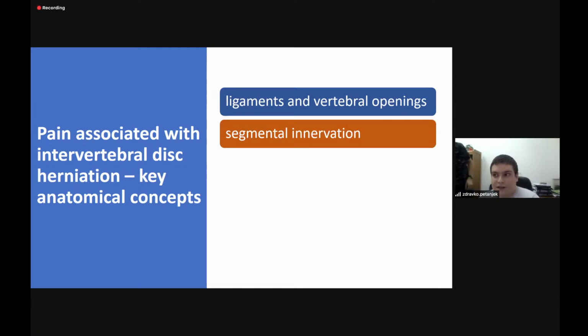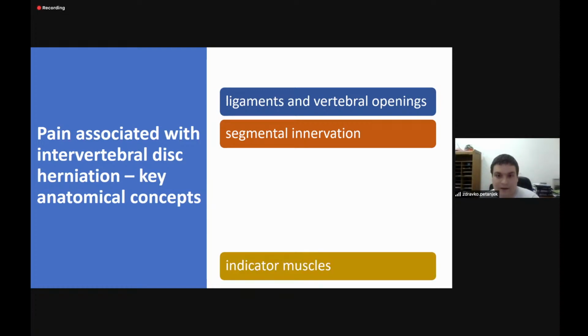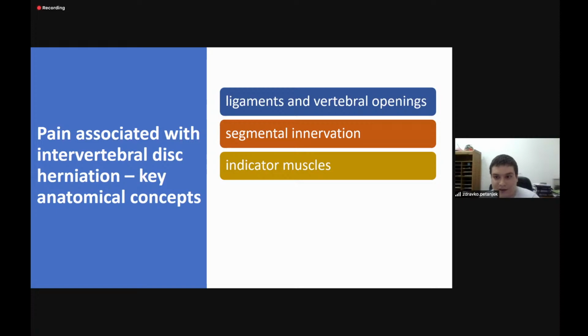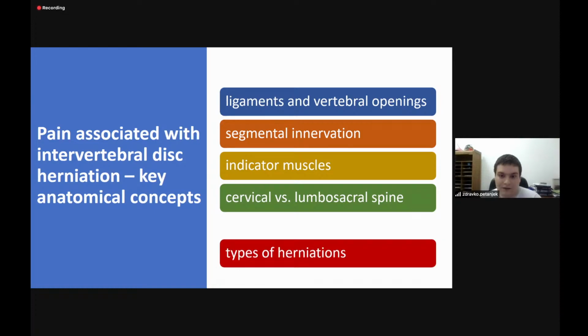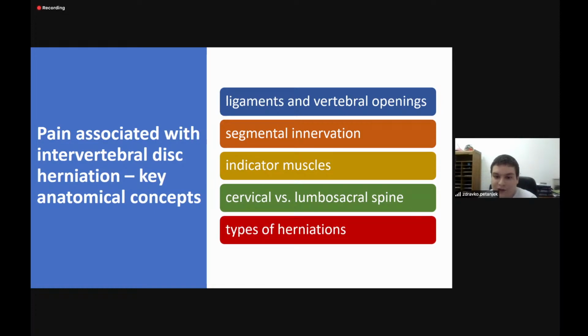Then the second concept relates to segmental innervation. The third concept relates to so-called indicator muscles. The fourth concept is based on the differences between the cervical and lumbosacral spine. And the fifth concept relates to the types of herniations of the intervertebral disc.